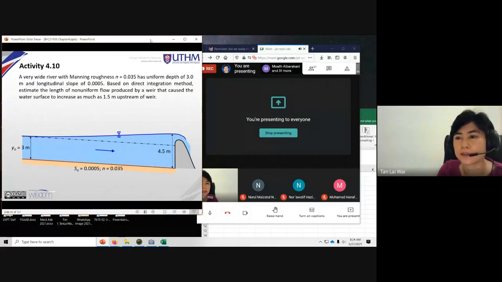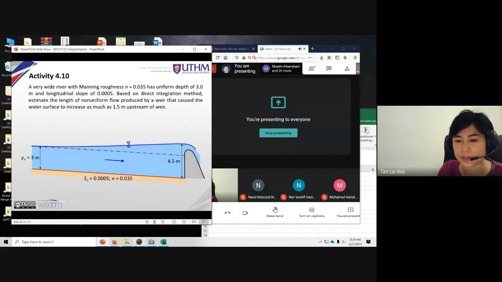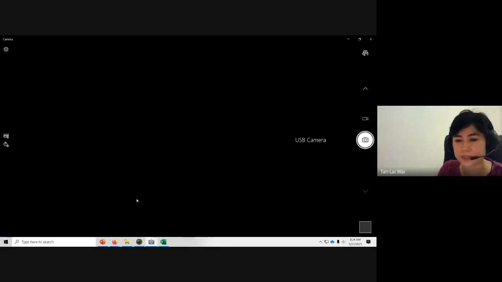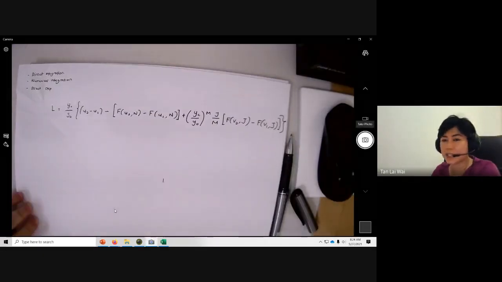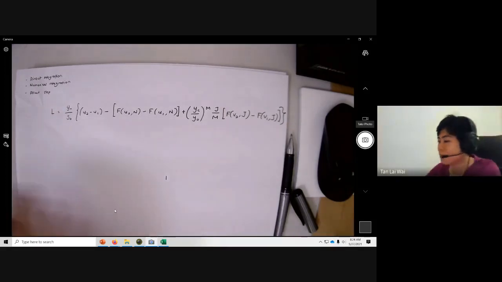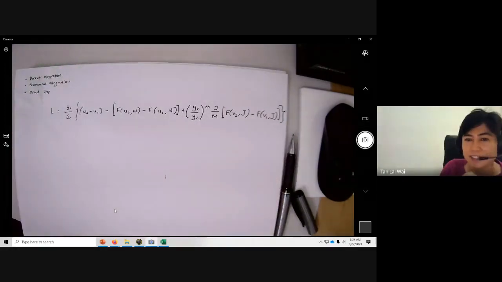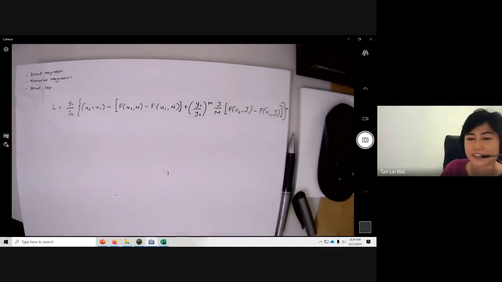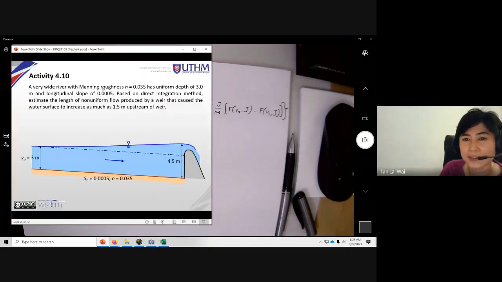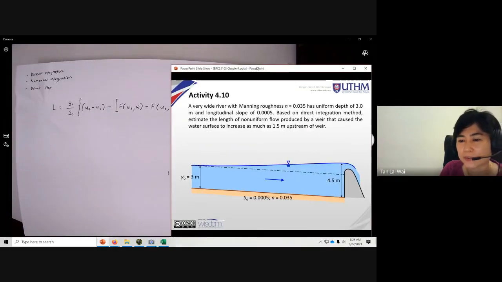I hope this is okay. And we have this. You should be able to see the other camera already, right? Which has the formula. Yes, Doctor. Okay, that's great. Okay, I have the question which I'm going to put on the other side.